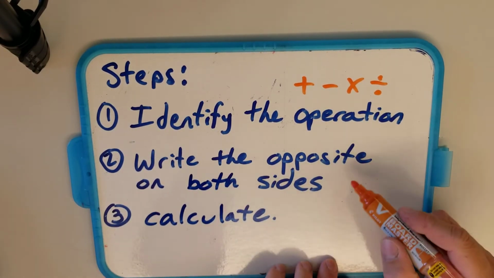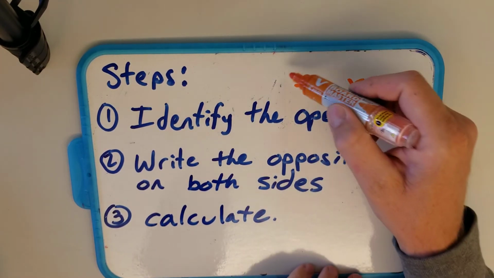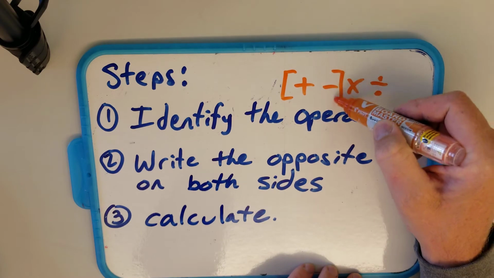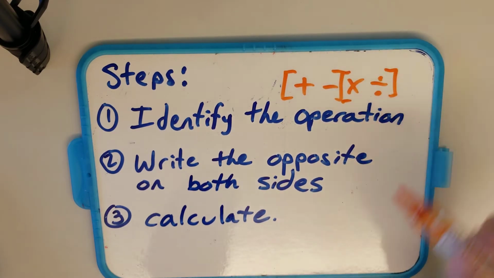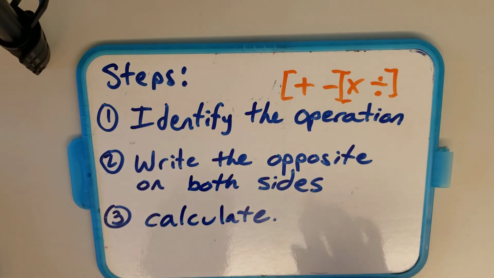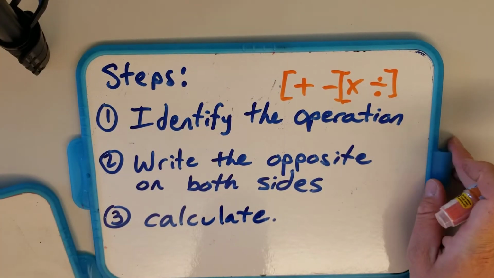So the opposite of addition is subtraction, and the opposite of subtraction is addition. So these two are opposites of each other. And same here, multiplication and division are opposites of each other. Okay, hopefully you know that. And then we're going to do a calculation to solve the final problem. Okay, so I'll keep coming back to these as we work through these.